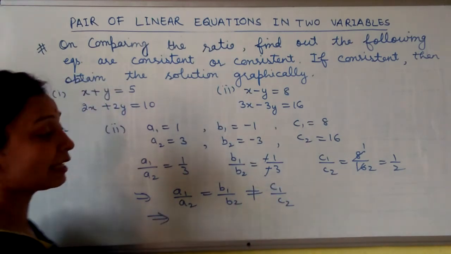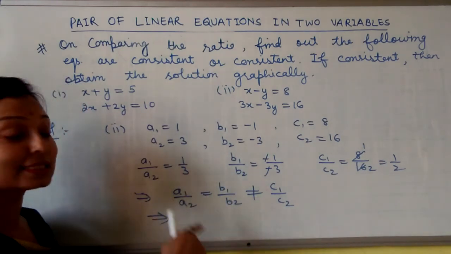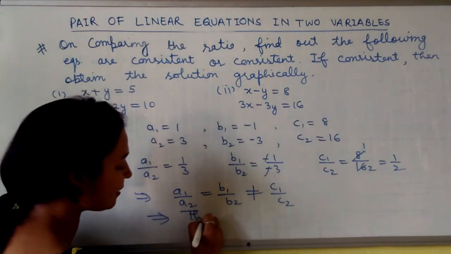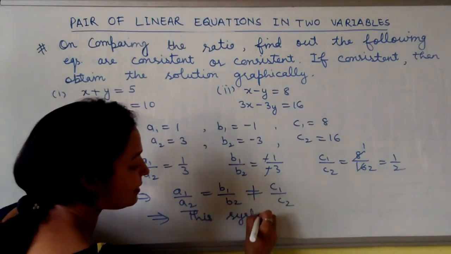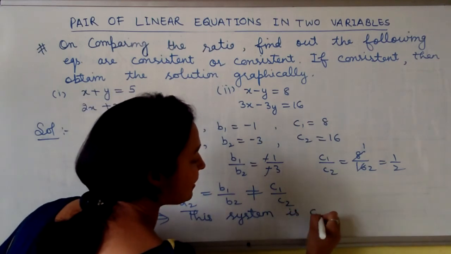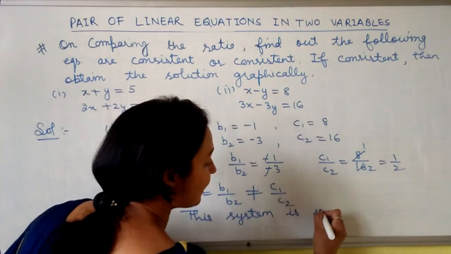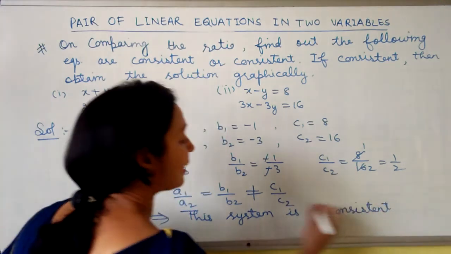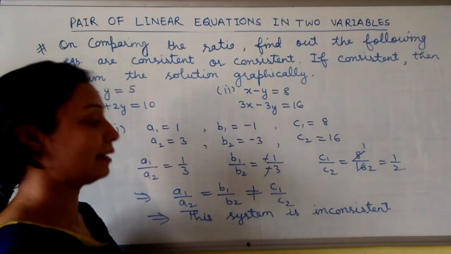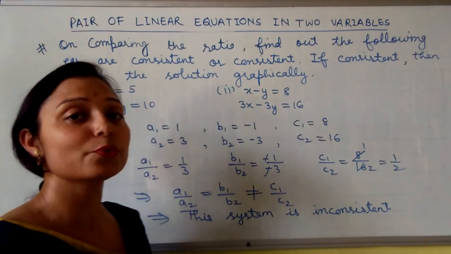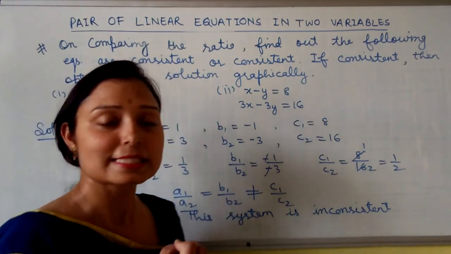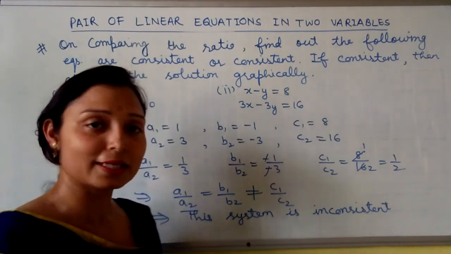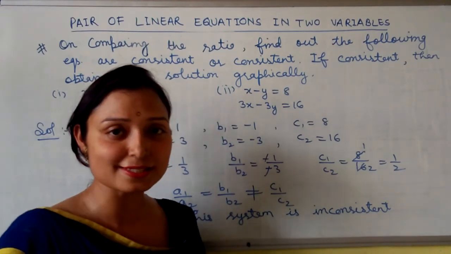This means this is an inconsistent system of equations. Why? Because no solutions are there. Because the lines are parallel; this is the condition for parallel lines. So this is the way to apply the criteria of consistency and inconsistency. Do practice of these types of questions. Thank you.